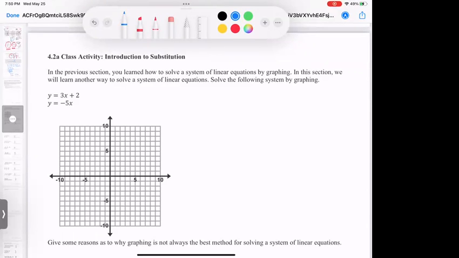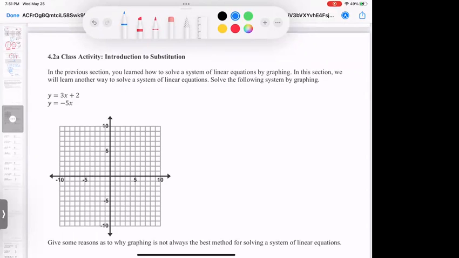Okay, so next page, please, everyone. Next page. So everyone, please see from here. In the previous section you learned how to solve a system of linear equations by graphing, right?